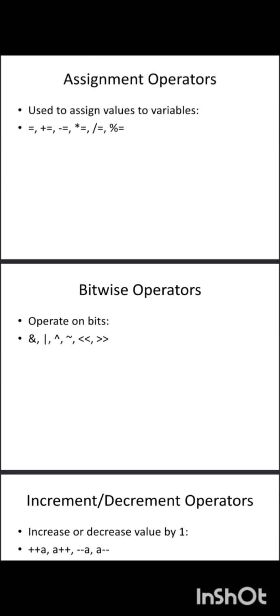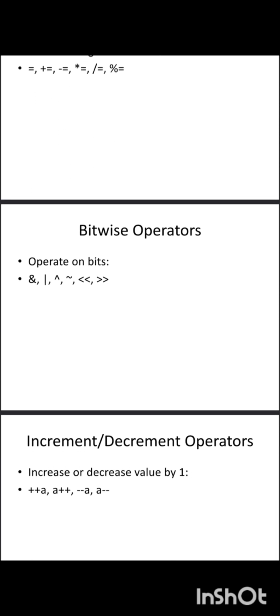These are bitwise operators. Generally, bitwise operators work at the bit level, which means manipulating individual bits of data. These are mostly used in low-level programming, embedded systems, or performance critical applications.